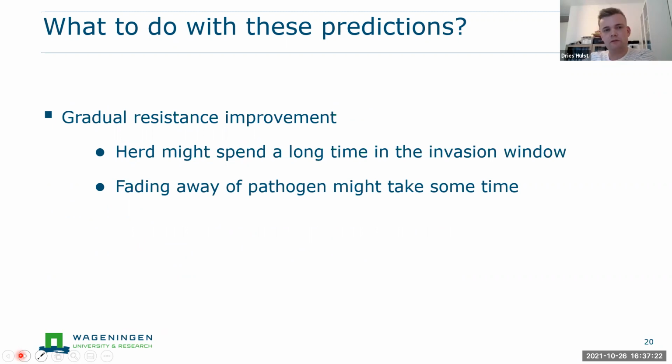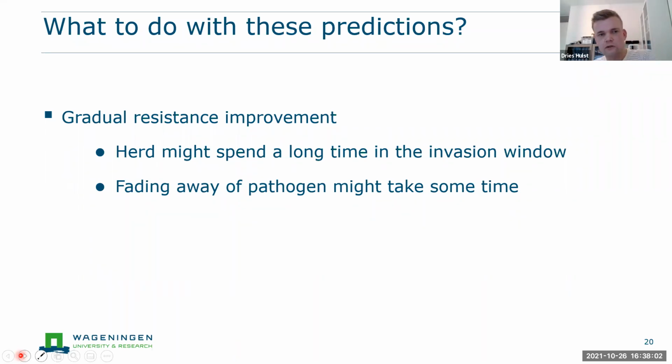But when you do it in a multi-trait approach, that might not work, probably, because then the improvement of resistance will probably be so slow that a herd might spend a very long time in the invasion window. So then you might still see the prevalence go down, but at a certain point, pathogens might evolve mutants that can escape the host resistance. And then your selection is not effective anymore.